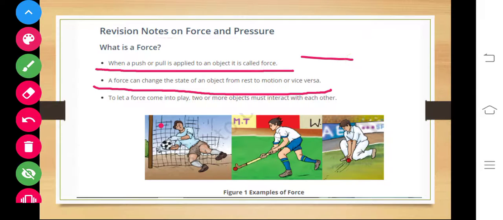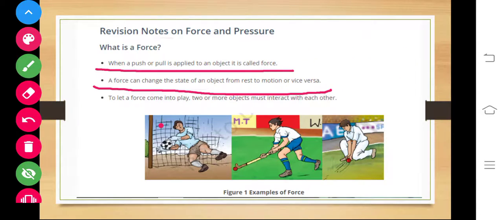First it was at rest, and when you applied force on it, it moves. So force can move an object from rest to motion.